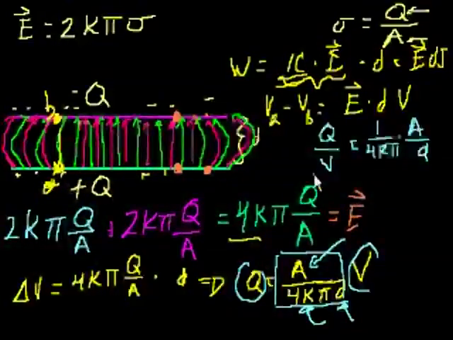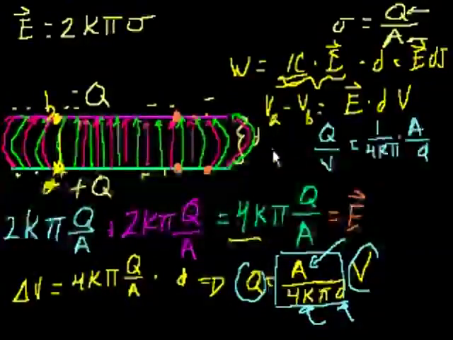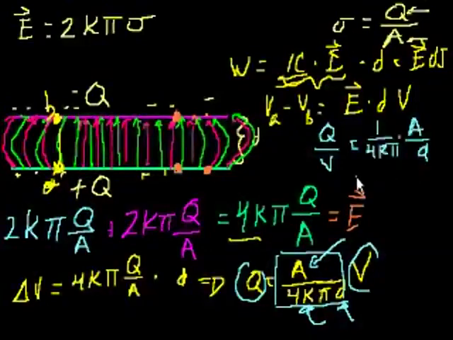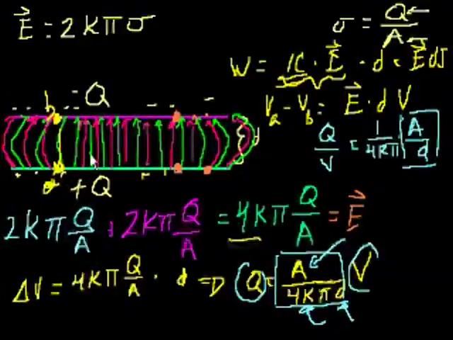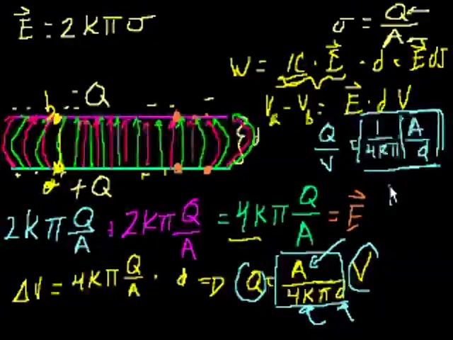For a given configuration, and the configuration is defined by the area of the plates and the distance, if I know the amount of charge that I put onto the plates, a minus Q here and a plus Q here, I know the voltage across the plates, or vice versa. If I know the voltage across the plates and I know its configuration, I know how much charge there is. And this is called capacitance, and the unit for capacitance is called the farad.